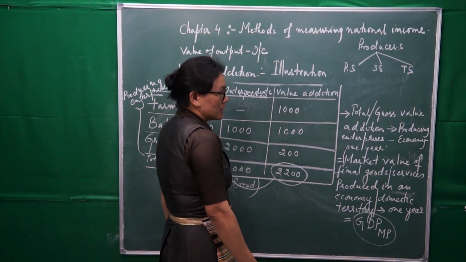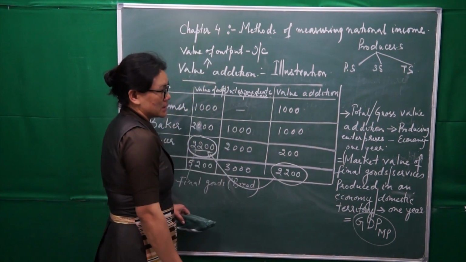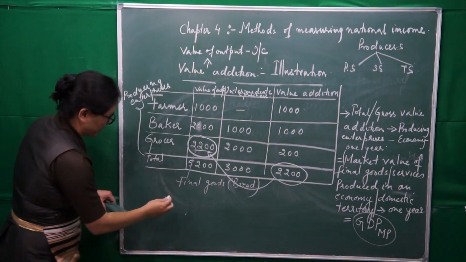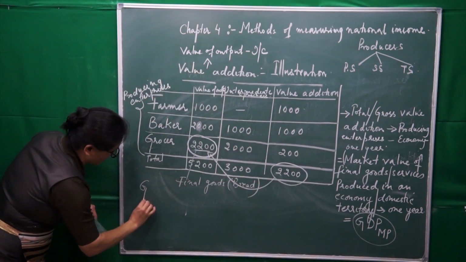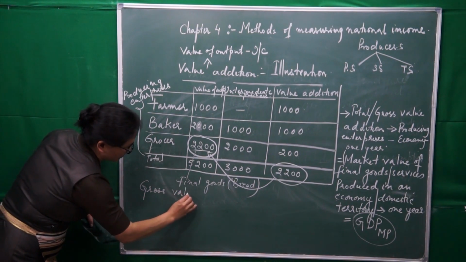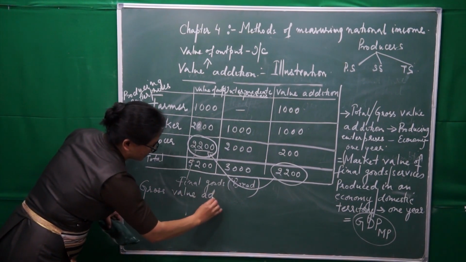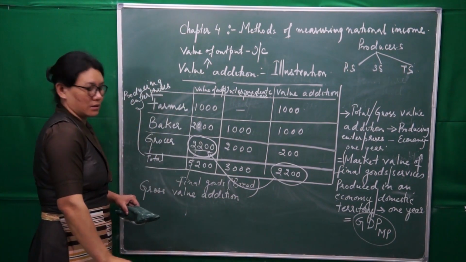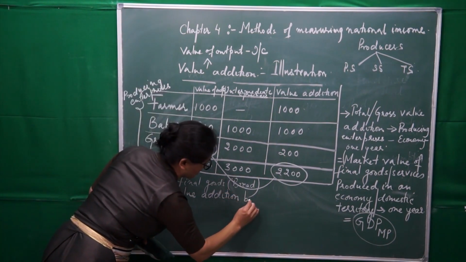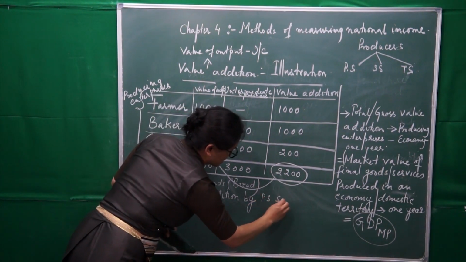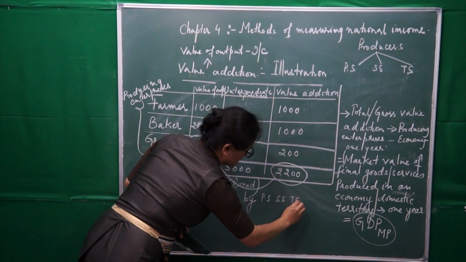Is that clear? So now what we will do here is take up gross value addition by primary sector, secondary sector, tertiary sector.